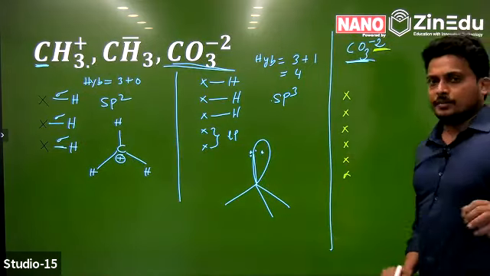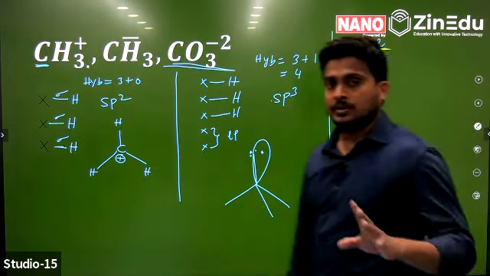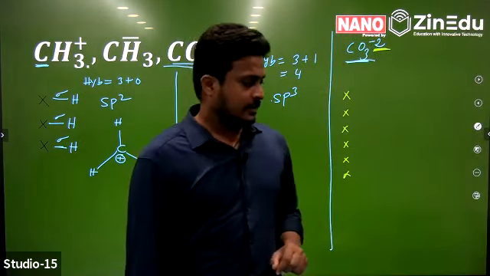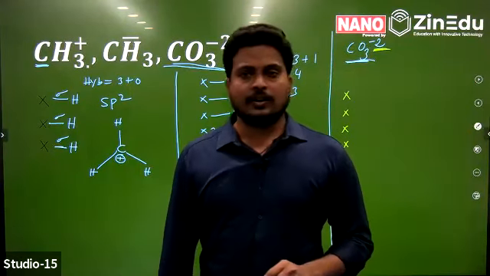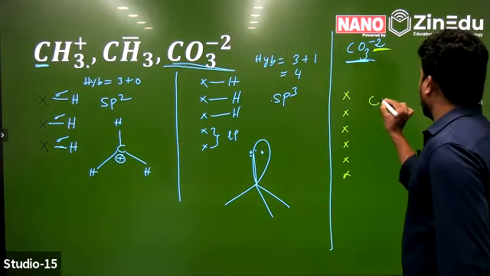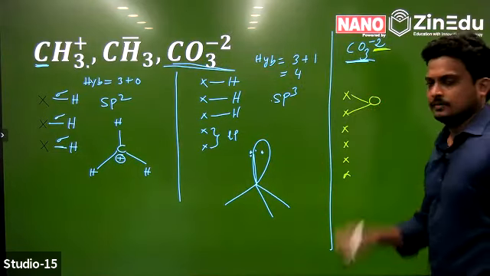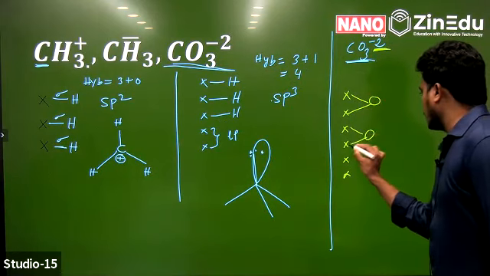Now this is most important. Oxygen always forms a double bond around it. Due to this reason, one oxygen utilizes 2 electrons for bonding. One oxygen can form 2 bonds.